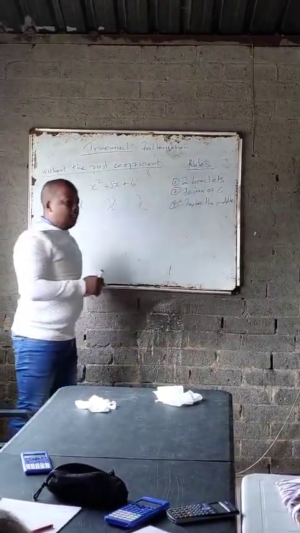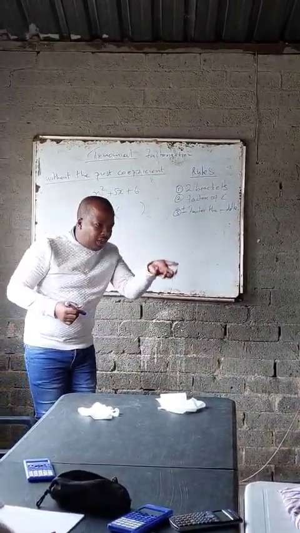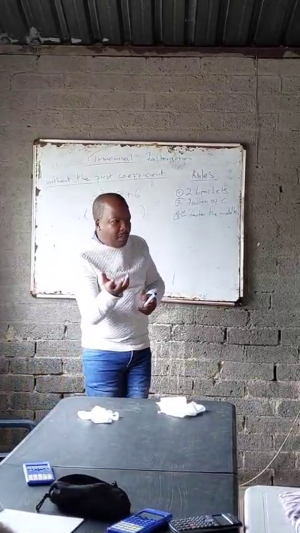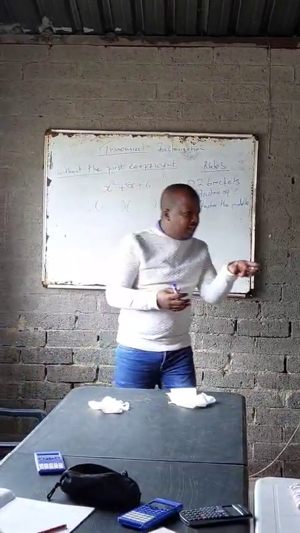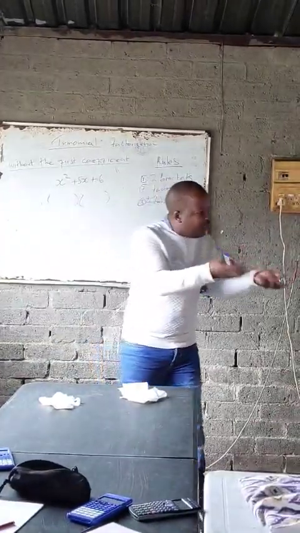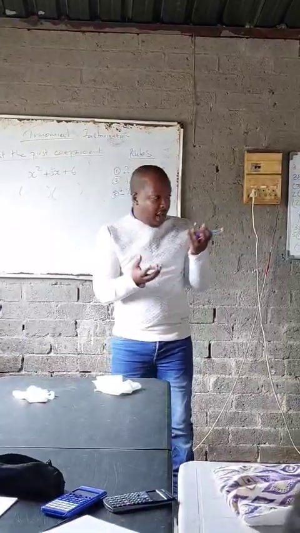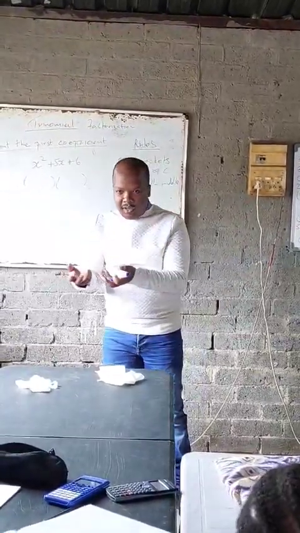So it means C is independent. The middle term B is dependent. Are we together? You find C independently by just finding the factors. But then after you get those factors, sometimes there'll be many factors, right?